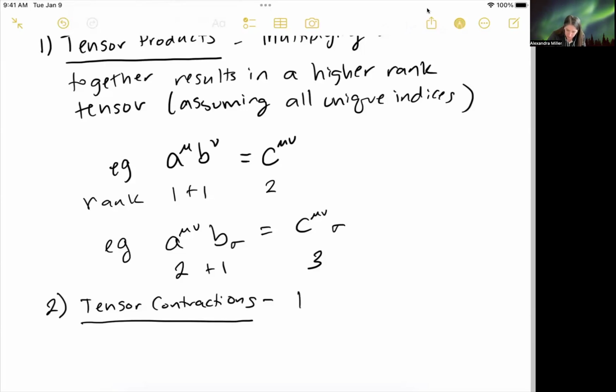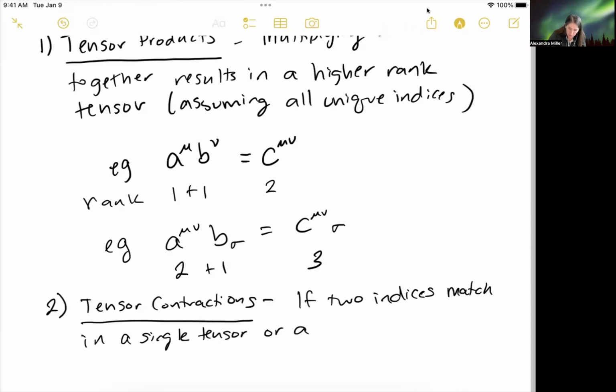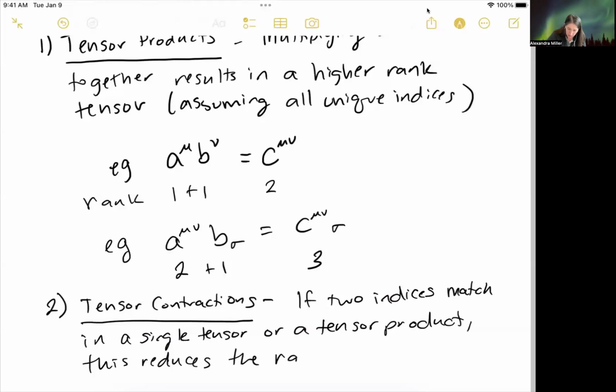So this is just if two indices match in a single tensor or a tensor product, this reduces the rank.